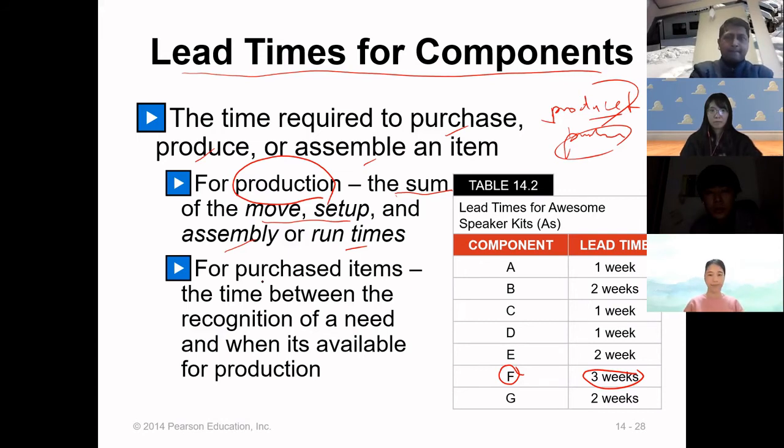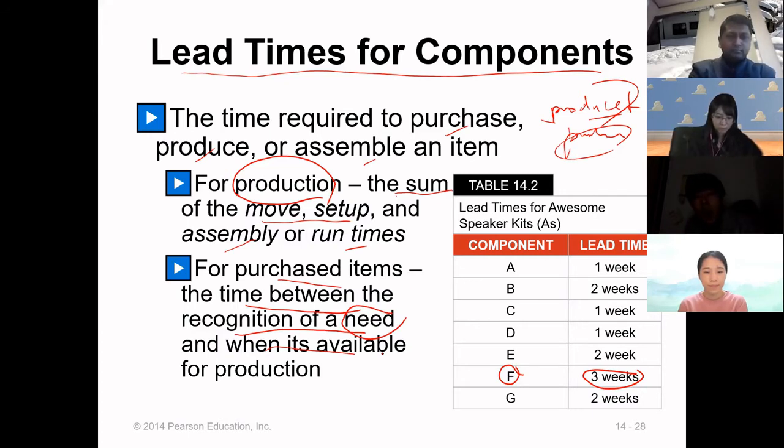Even for purchased items, between the recognition of the need, that means you suddenly realize that you don't have it now, and when it is going to be available for production, vendors say, you must give me 3 weeks lead time. In this era of COVID, I think it is much longer. Lead times are longer in times of pandemic. Okay, how long does it take to order parts depends. So you need lead time information.